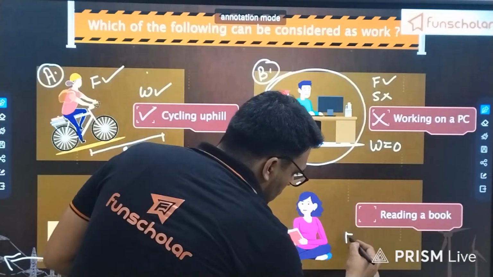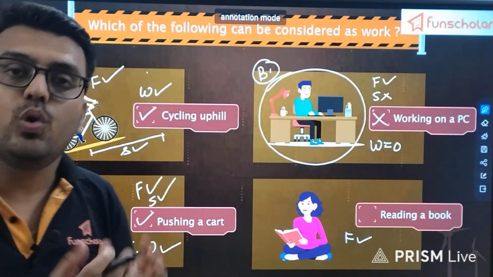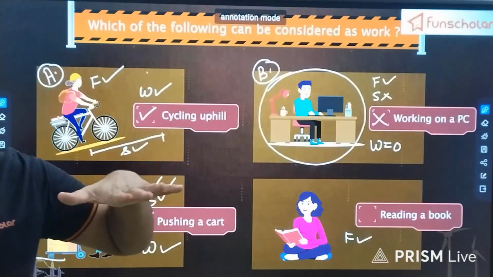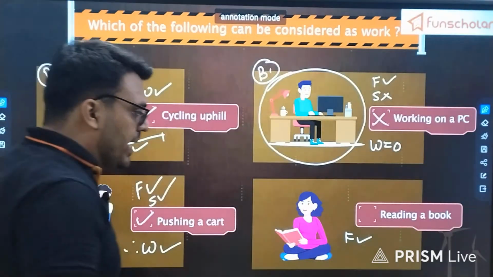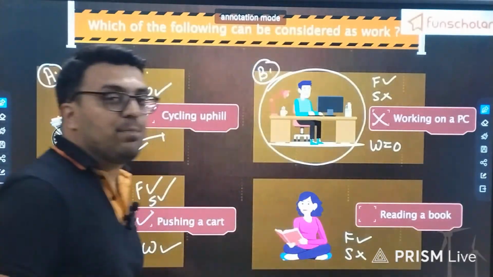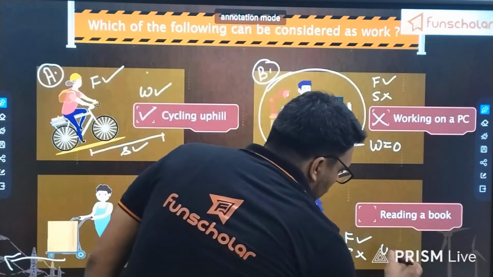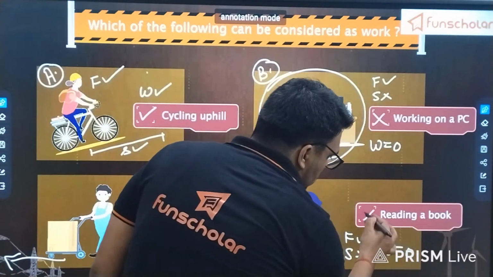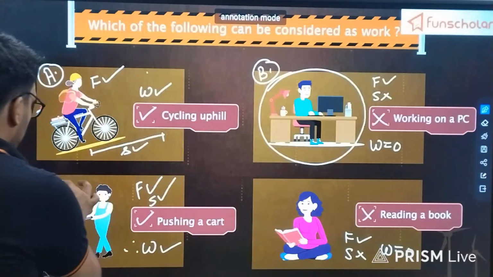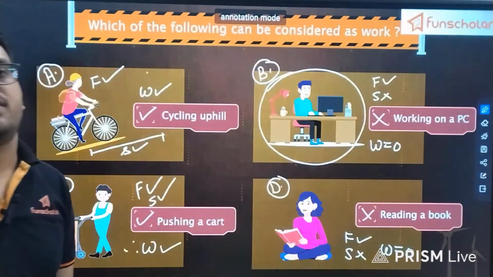So force is there because somehow we have to apply force to hold the book. But is the book moving because of that force? It is unmoved. So the displacement is absent. If the displacement is absent, we can say the work is also zero. So the work done will be absent.